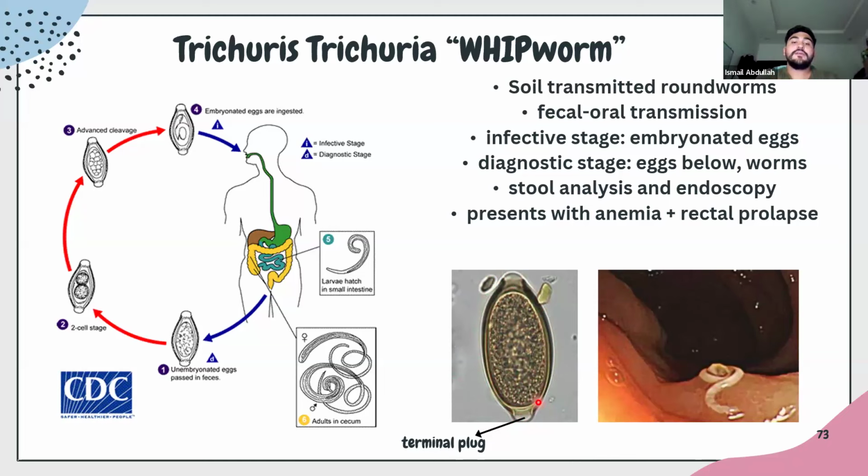Usually, those people present with anemia, due to some bleeding, and rectal prolapse.